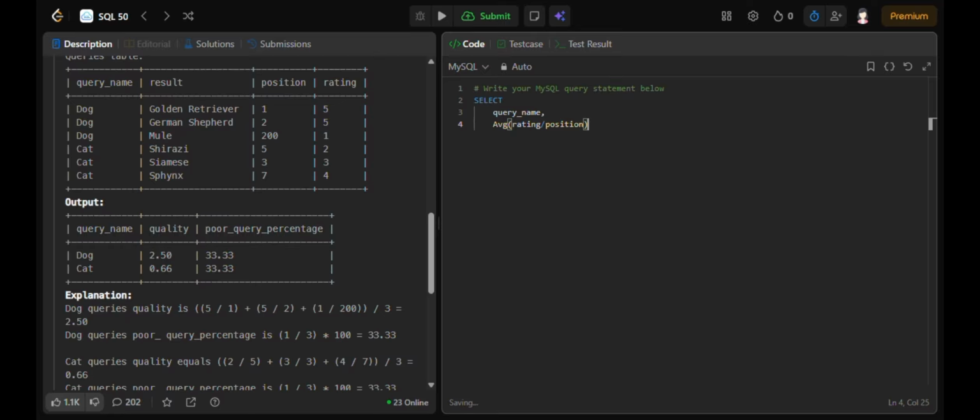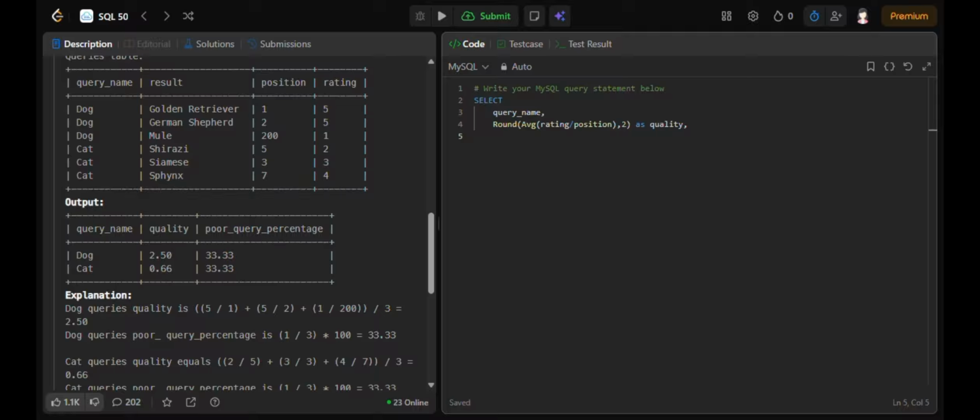This average value will be rounded off to 2 decimal places. So we are just rounding it off. This value we will call quality of a query name.